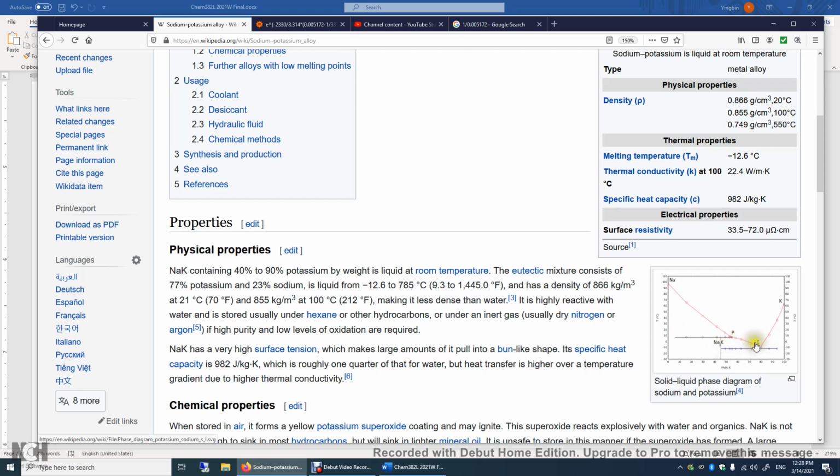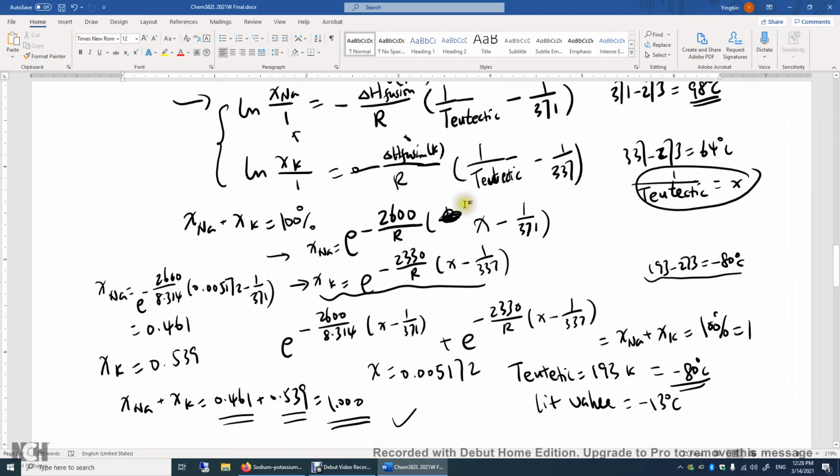So you need to actually use this phase diagram to compute the eutectic point. You're going to have to assume this eutectic point over here is the melting point for both potassium and this sodium-potassium co-crystal. And then you'll get a more accurate result for the eutectic point. But overall, I showed you how to compute the eutectic point, including the eutectic temperature and the eutectic composition theoretically.